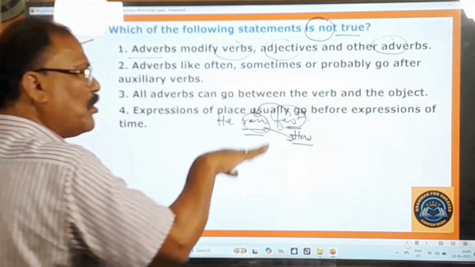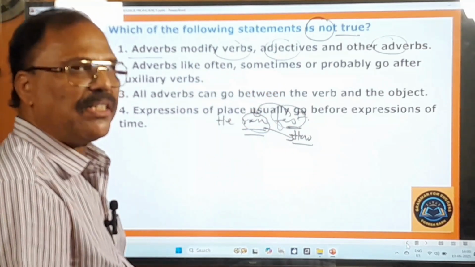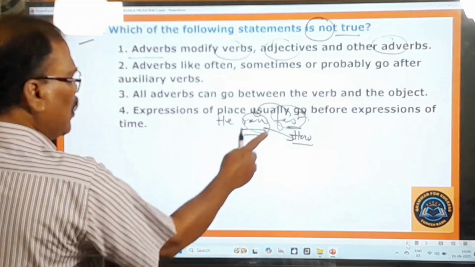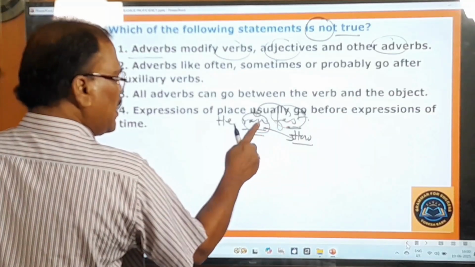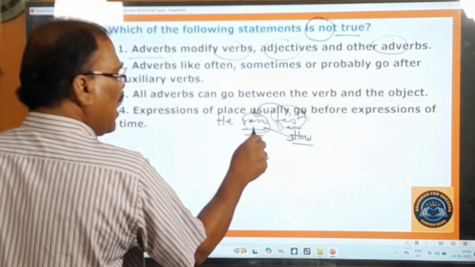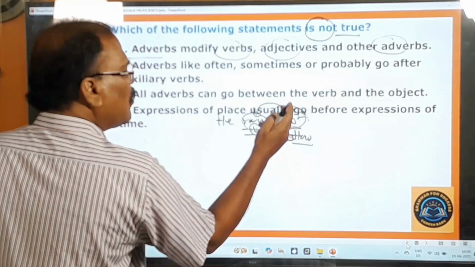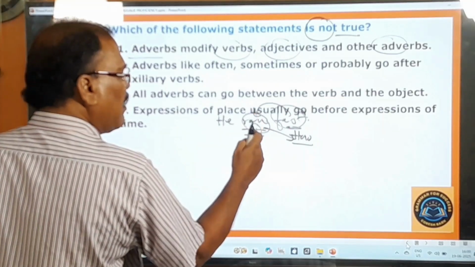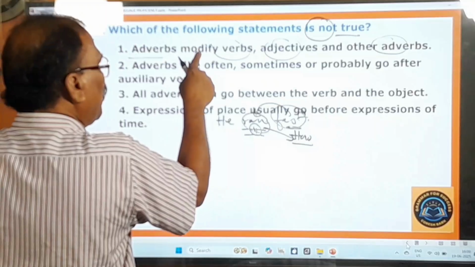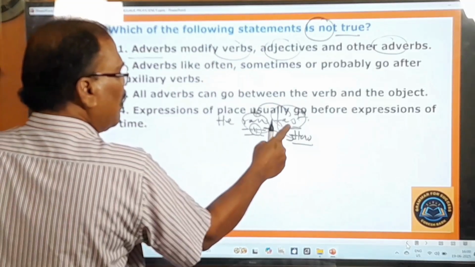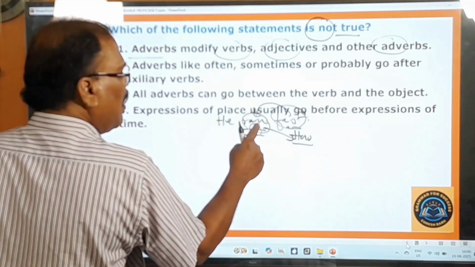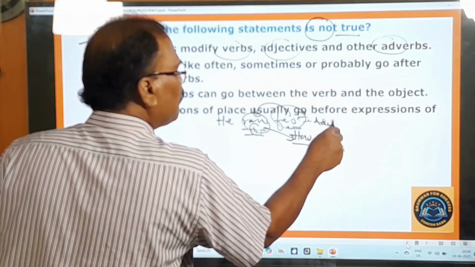Modify, qualify, both mean one and the same, that is describe. So here, what is this word fast doing? It is describing this ran. What is this ran? Ran is a verb. So he ran how? Fast. So this word is describing this verb ran, and therefore adverbs modify verbs. So here this word is modifying this verb, and therefore this is an adverb.